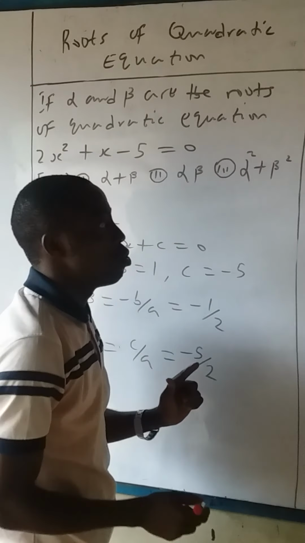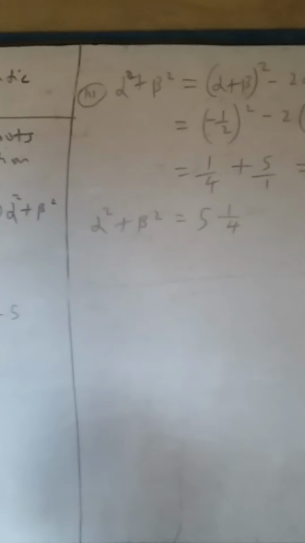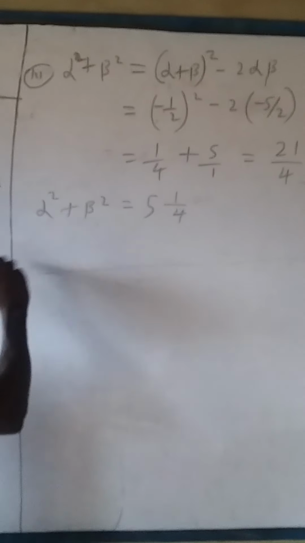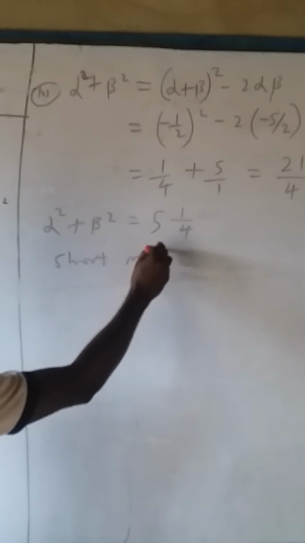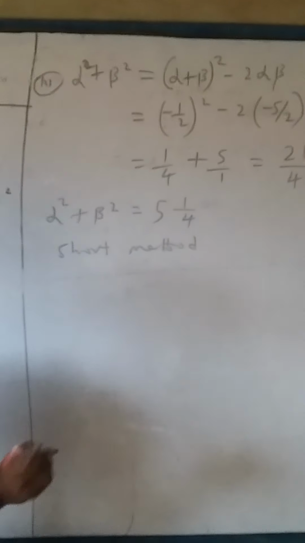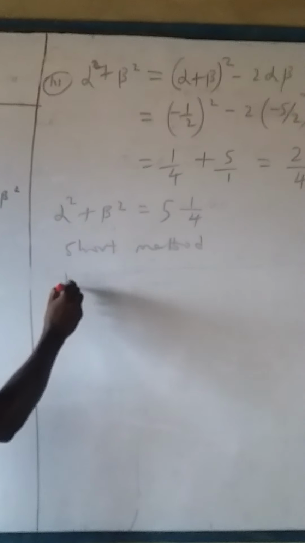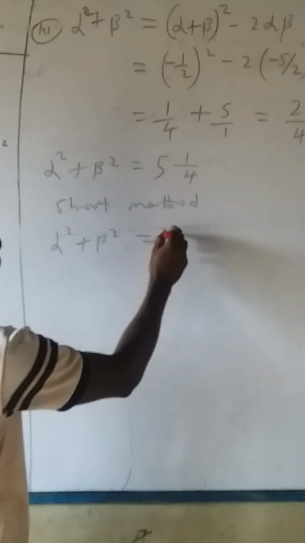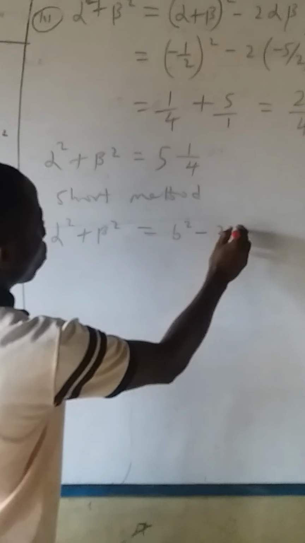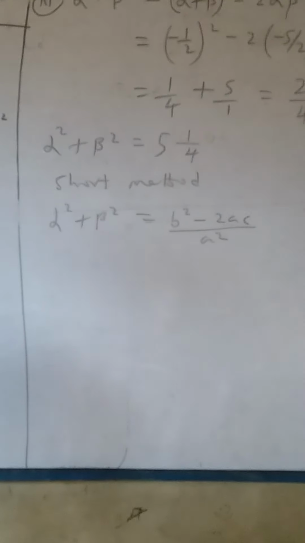If I want to solve this question 3 in another way, I call it the short method. By the short method, alpha squared plus beta squared becomes (b squared minus 2ac) over a squared.